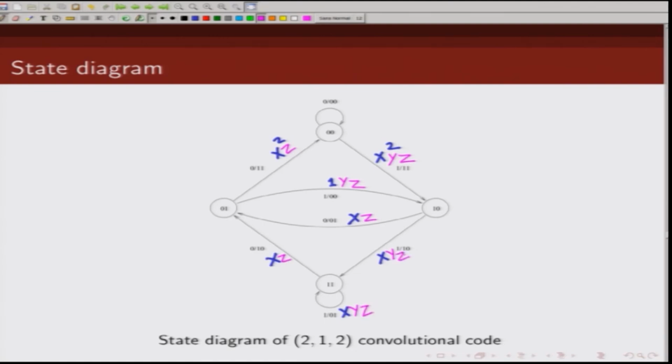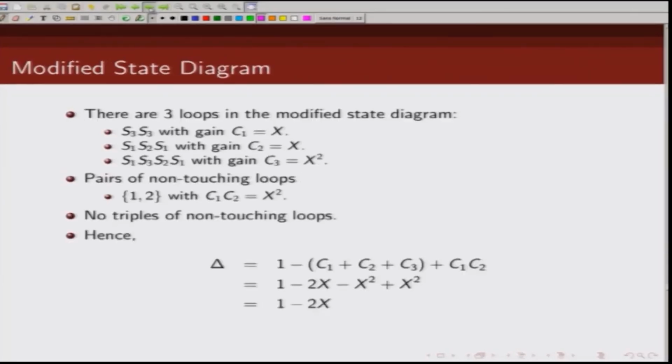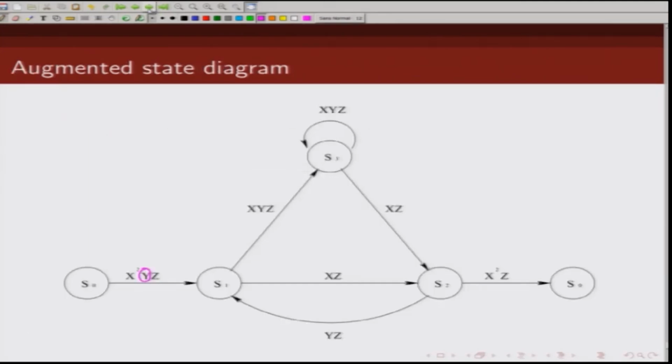So, that is your augmented state diagram, the completed augmented state diagram that I am showing you here. This is basically my augmented state diagram, where I am not only specifying the coded weight, but also what input causes that output bit, and z to denote the length.